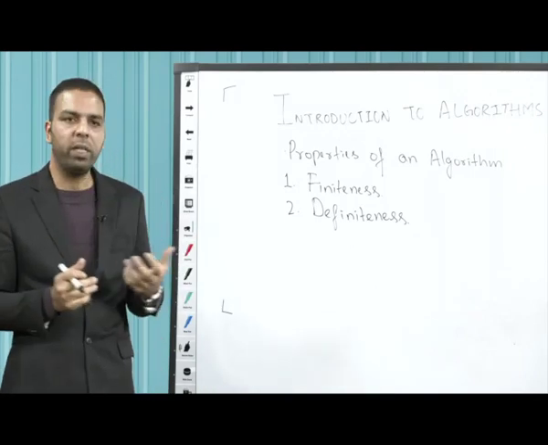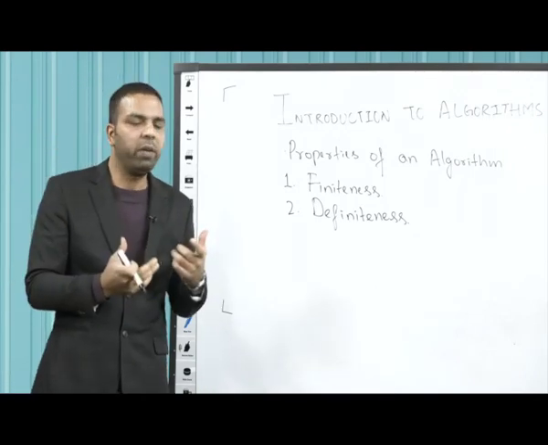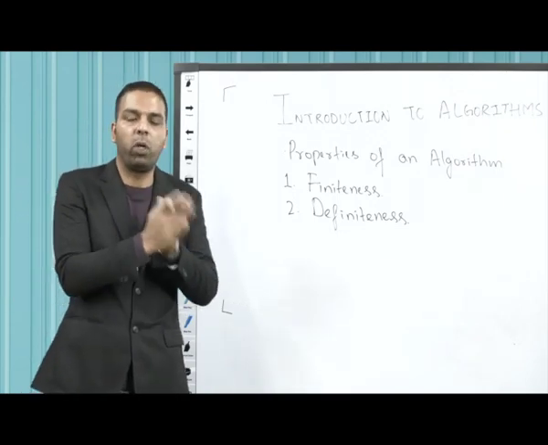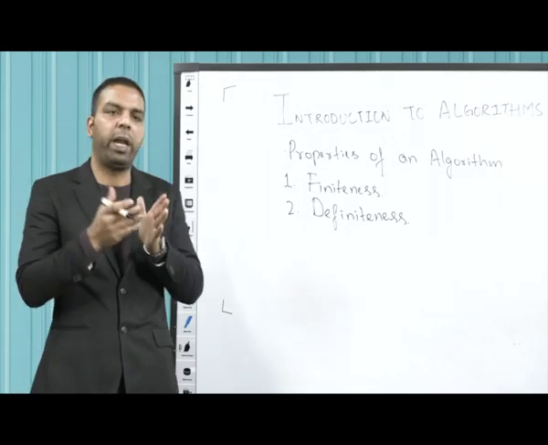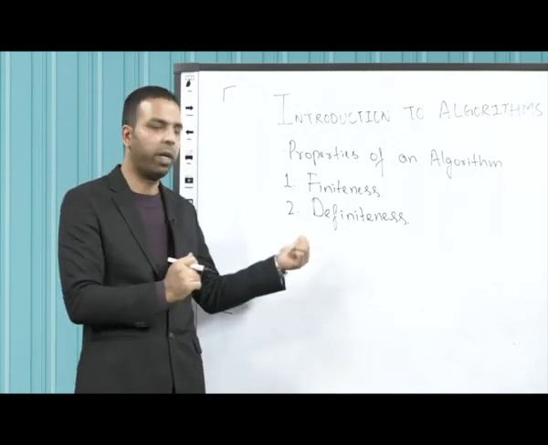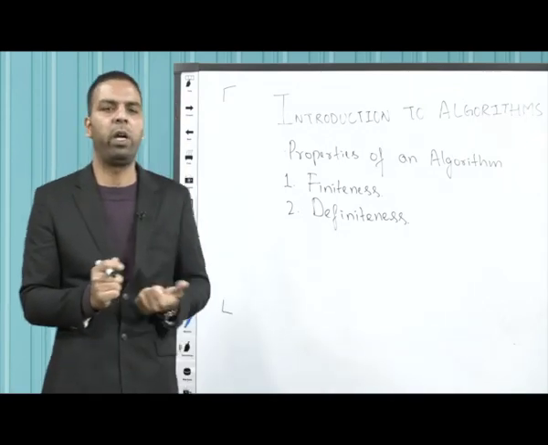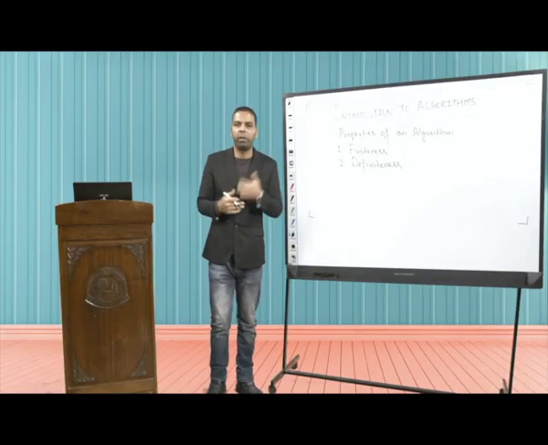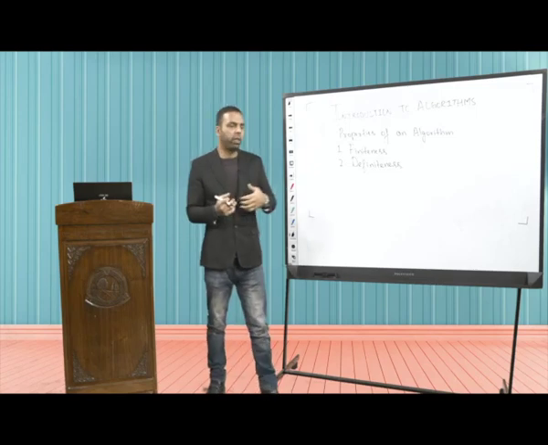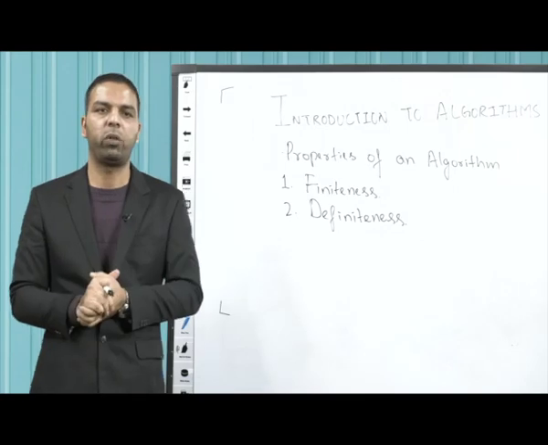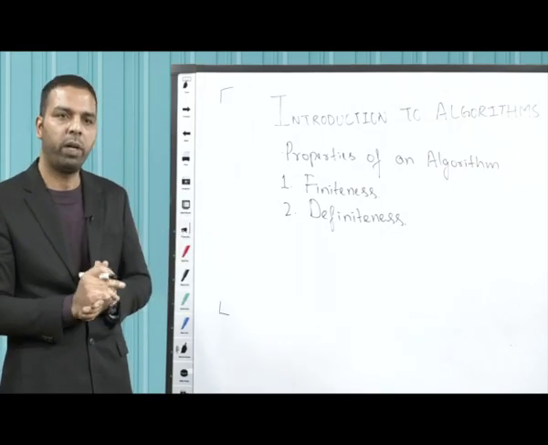So definiteness means that any instruction we give to a computer should not be ambiguous. There should be clear-cut direction on what to do. We cannot ask a computer, say, to take some number x and divide it by 0, because that will create a problem. Whatever instructions we give a computer in our algorithm should be definite, meaning unambiguous and with a definite meaning.